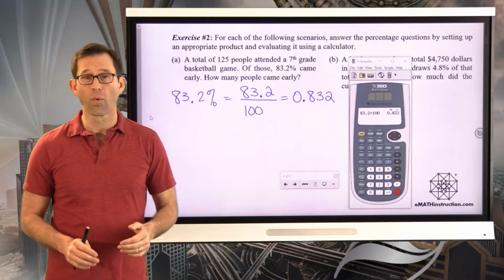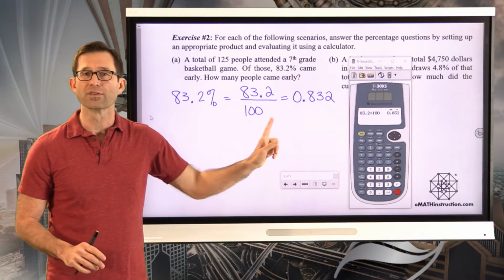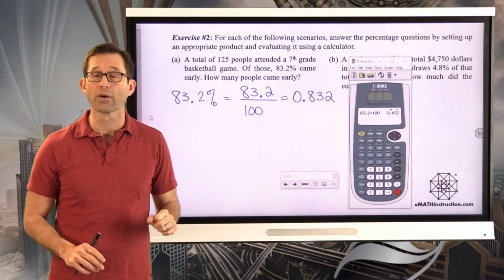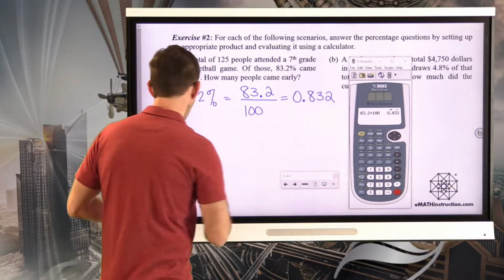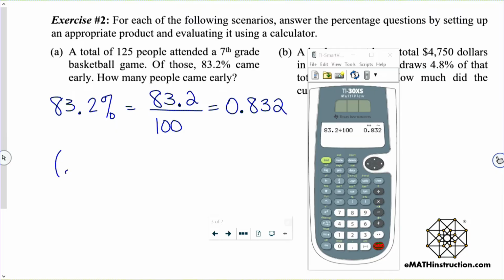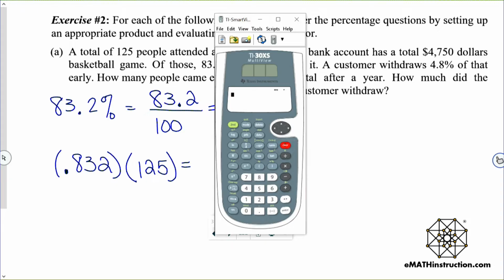And I'll start doing that more and more and stop writing down this fraction and kind of do it on the calculator. But now we want to find 83.2% of 125. So now we're going to just do 0.832 multiplied by 125. No doing this one the long way because that would take a while. 0.832 times 125.